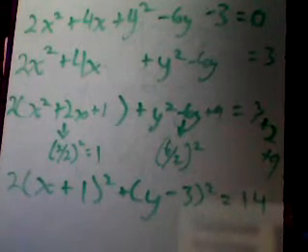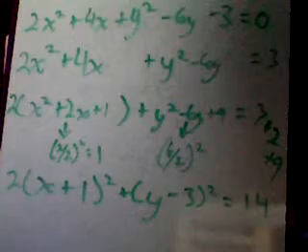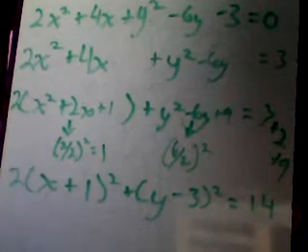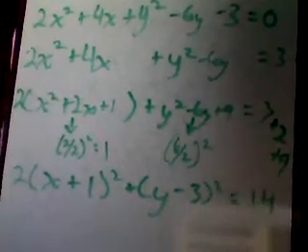So you got the 2 times x plus 1 quantity squared plus the y minus 3 quantity squared equals 14. And then you're going to divide that 14 all the way through. Okay, divide that 14 all the way through. x plus 1 quantity squared all over 7 plus y minus 3 quantity squared all over 14 equals 1.